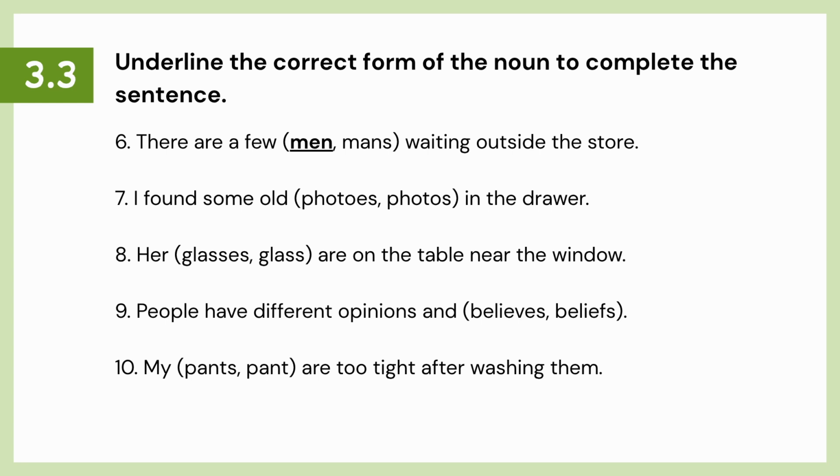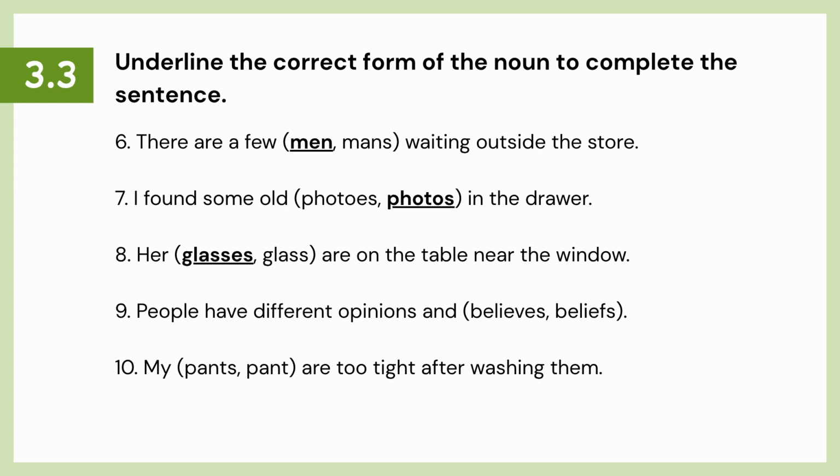7. I found some old photos with ES or photos, S only, in the drawer. Which spelling is right? If you chose the second one, photos with S, that is correct. Number 8. Her glasses or glass are on the table near the window.